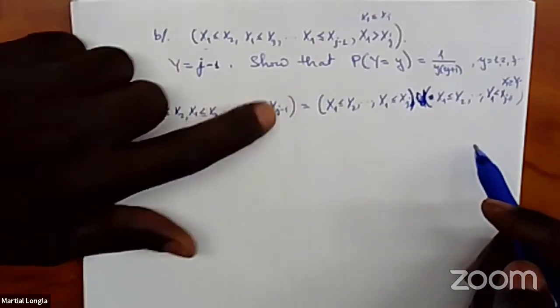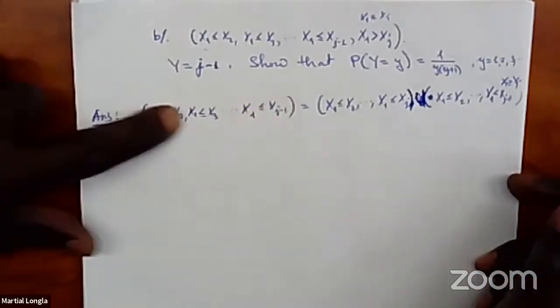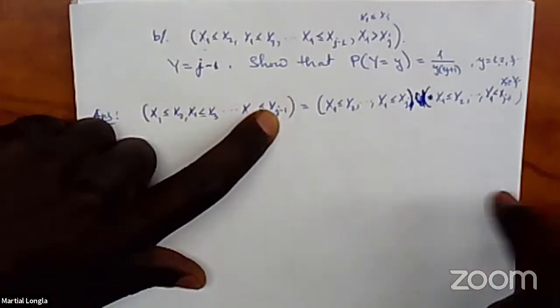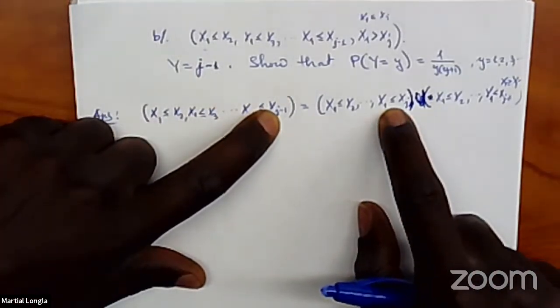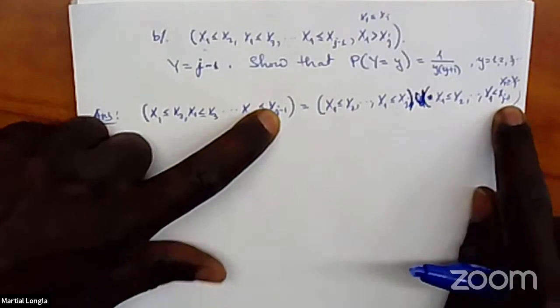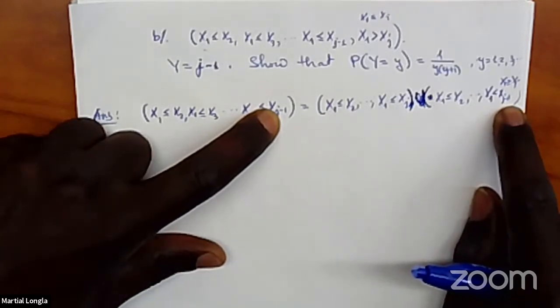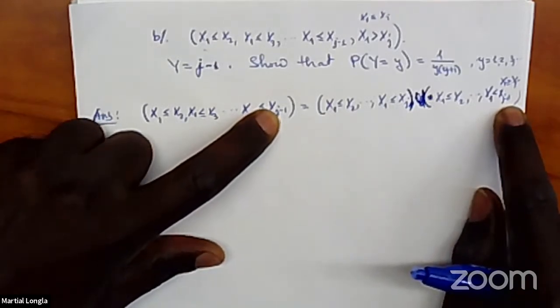Because this observation happens under two conditions: either the next one being less than xj or the next one being larger than xj. That's the law of total probability.